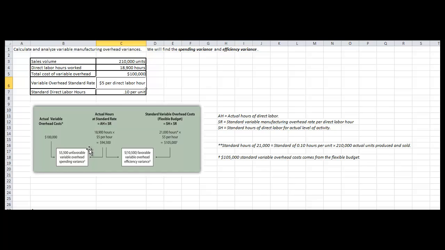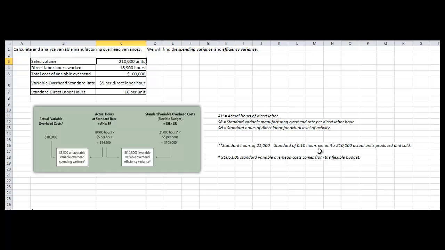So that's part one. To find the next variance, the efficiency variance, we're going to use that same formula we just found, the actual hours at standard rate, and compare that to the standard variable overhead costs using the flexible budget. To find that, we need to find SH, which is the standard hours of direct labor for the actual level of activity. So we're going to take this 0.10 per unit times the sales volume to find SH.